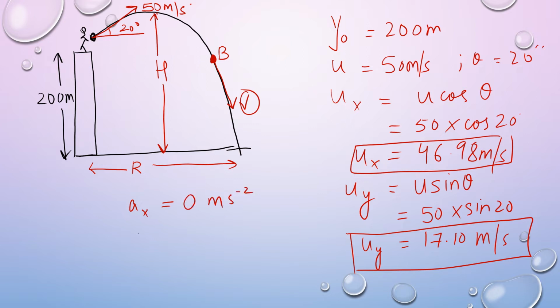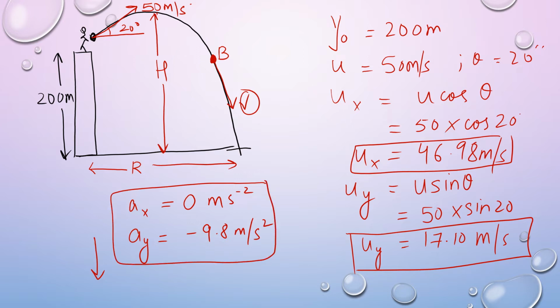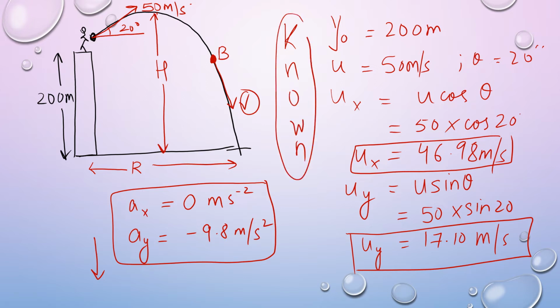Reason being, the only acceleration is in the downward direction, which is negative 9.8 meters per second squared, the acceleration due to gravity. So I have written all the known variables. What you have to find is the range, the peak height, and the velocity after 2 seconds. So I have written all the known and unknown variables.